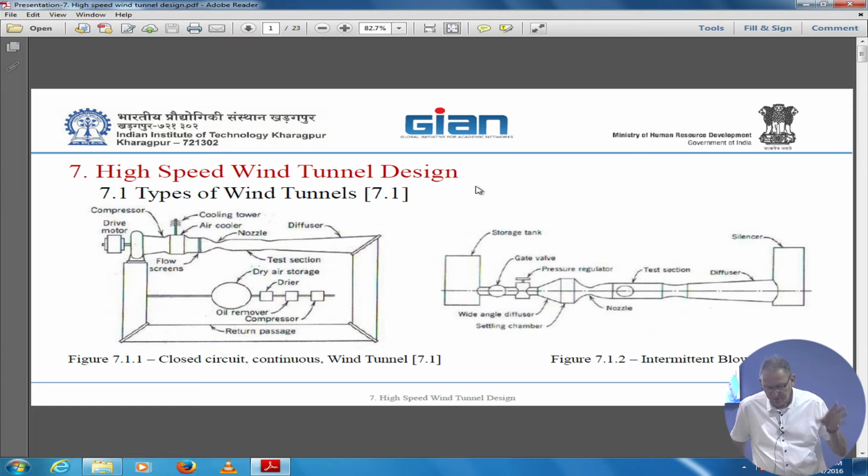Just to shoot back to you on this: starting and stopping loads are there when you start the tunnel and the shockwave is running through the test section, and vice versa.